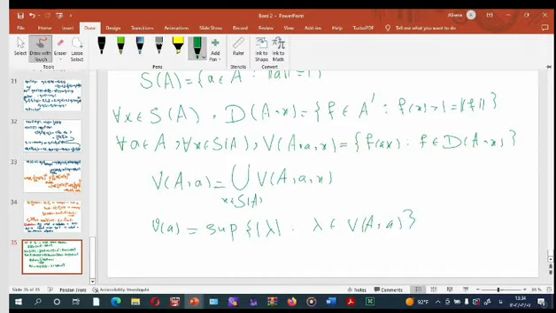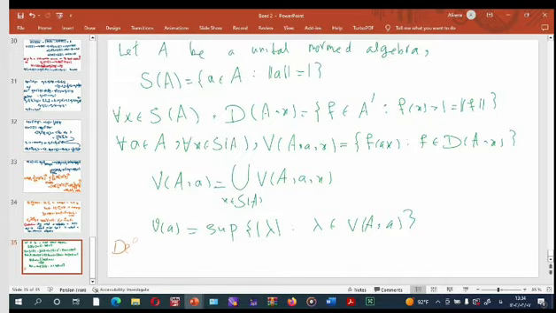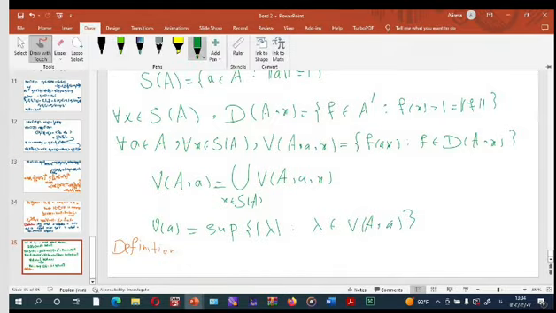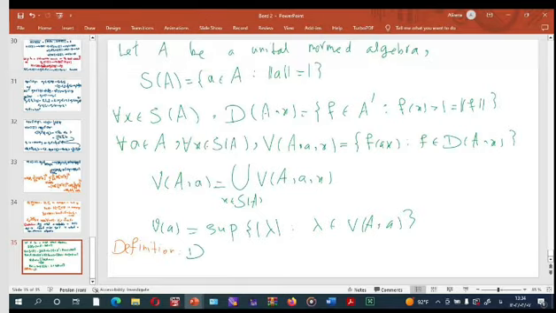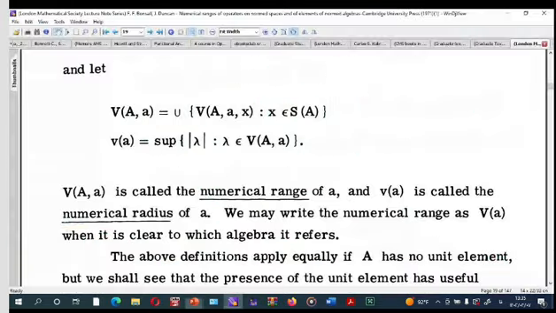definition. V(A, a) is called the numerical range of the element a.